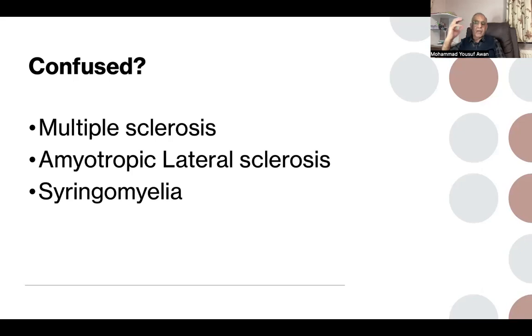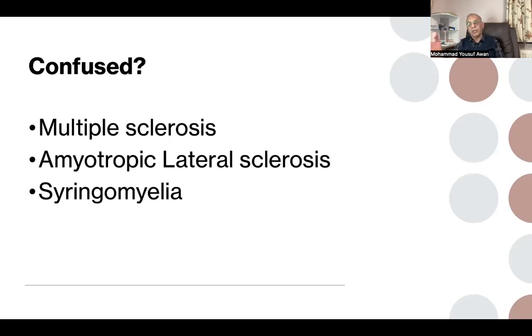In multiple sclerosis, by definition, there are two different lesions in different parts of the brain and at different times. You may be able to localize some lesions, but there may be mixed lesions. So the mixed signs will be difficult to diagnose clinically. If you're confused, think of multiple sclerosis and go for MRI brain and MRI spinal cord.